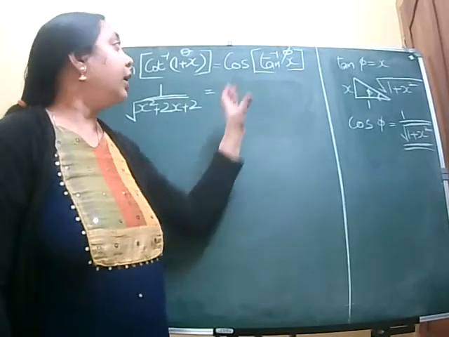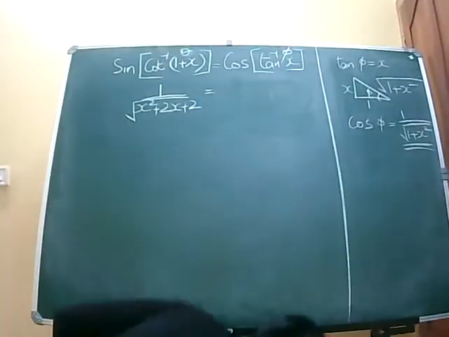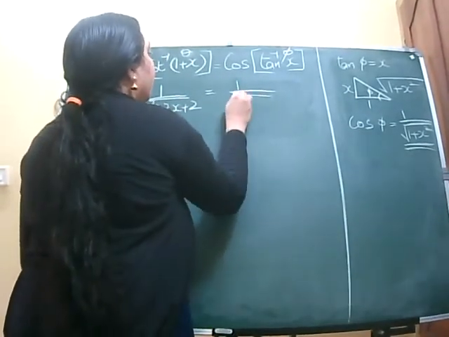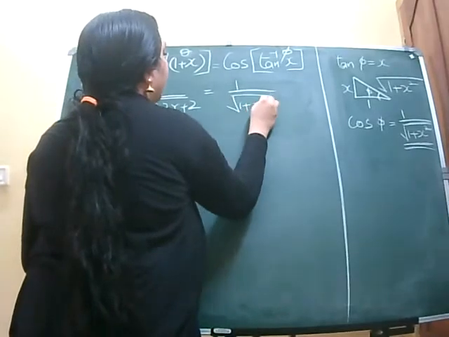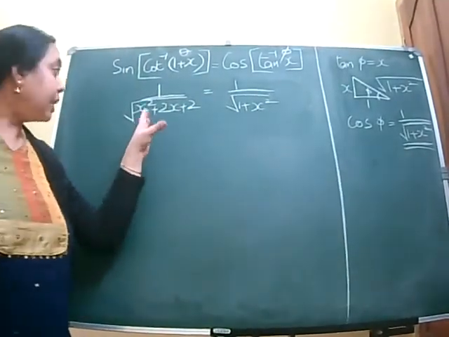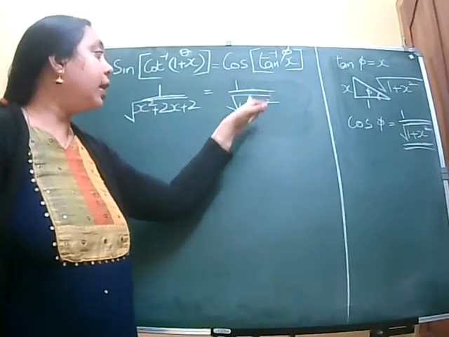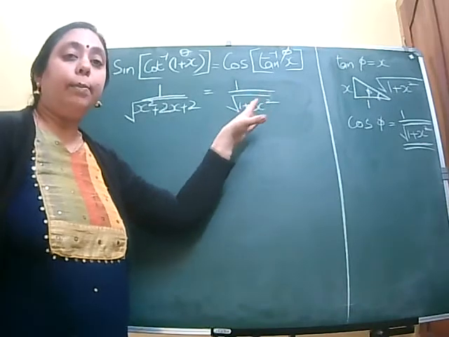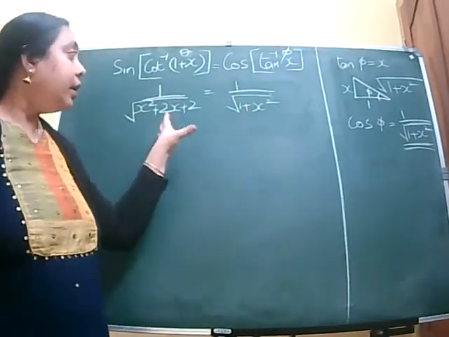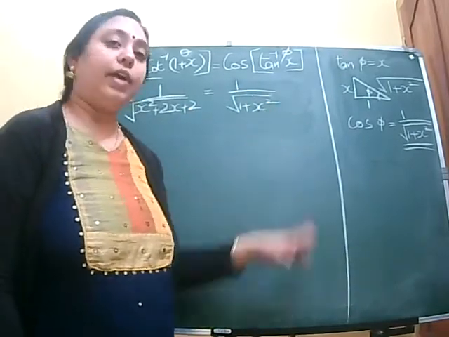Now our equation reduces to 1 by square root of x square plus 2x plus 2 is equal to 1 by square root of 1 plus x square. Now we just simplify these two expressions and then we get the value of x.